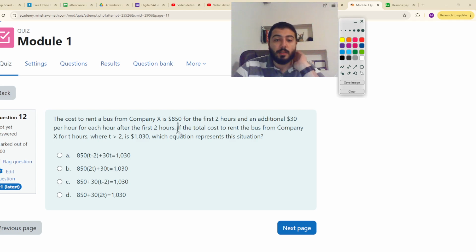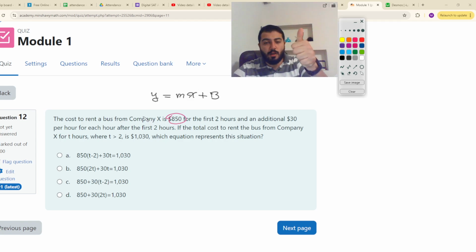That's a type of linear equation, but now we don't have the slope and initial value directly. He said that $850 is the amount for the first 2 hours, so we cannot just put the initial value as 850. Those 850 consist of two things, the initial value plus the amount for the first 2 hours.